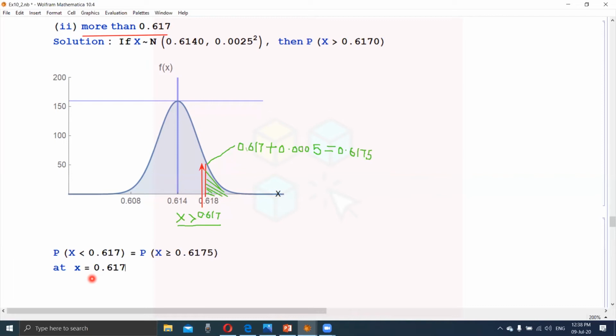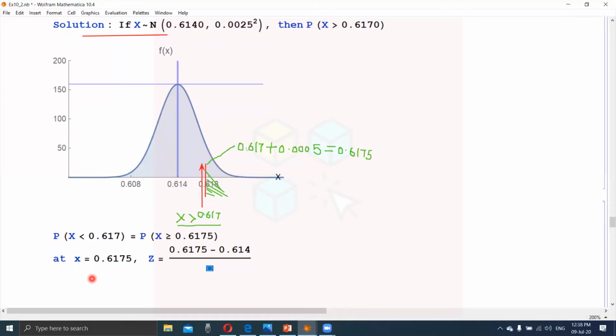So at 0.6175 we will find z equal to x minus mu over sigma. We will substitute x, mu and sigma in it, and we will obtain z. x is 0.6175 minus 0.614, the mean, divided by the standard deviation, which is 0.0025, and calculate this.